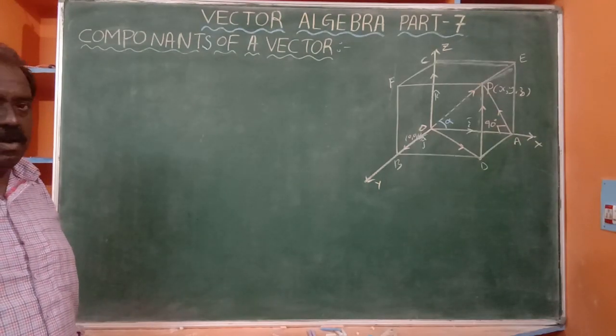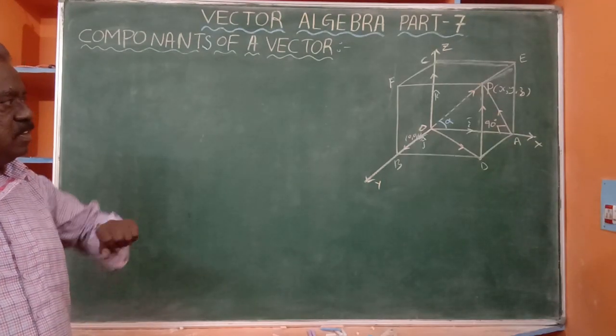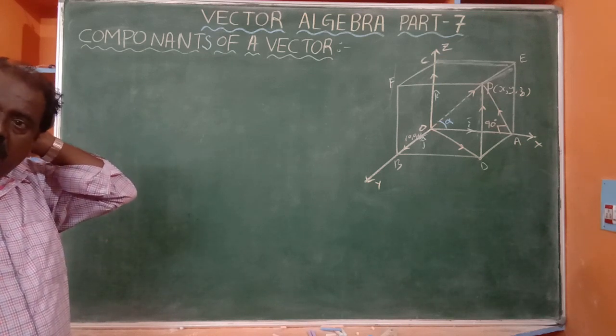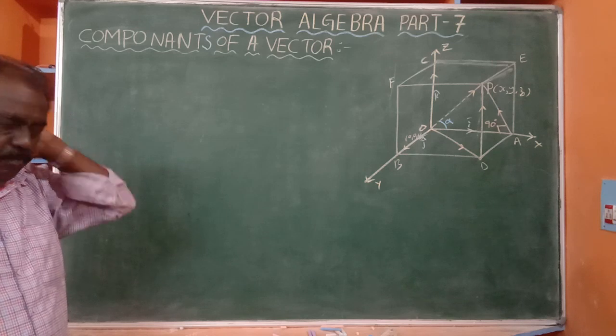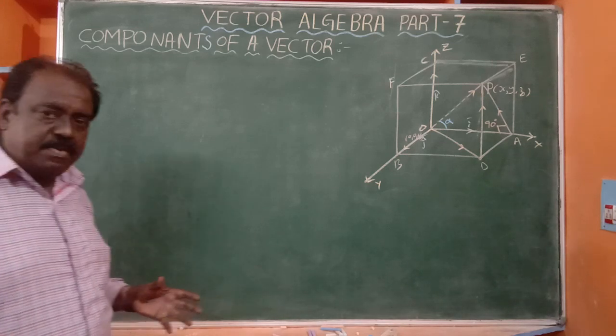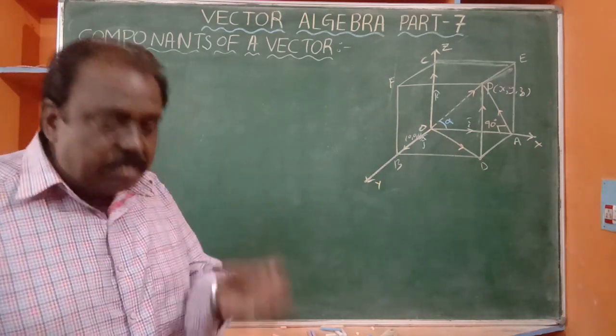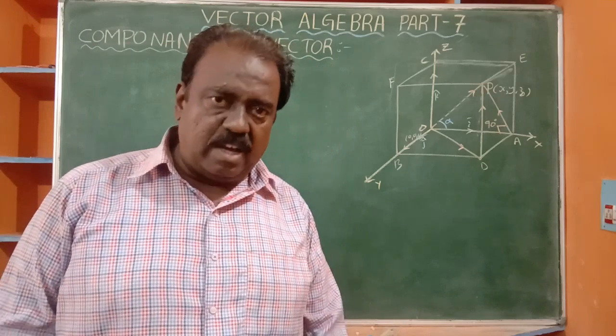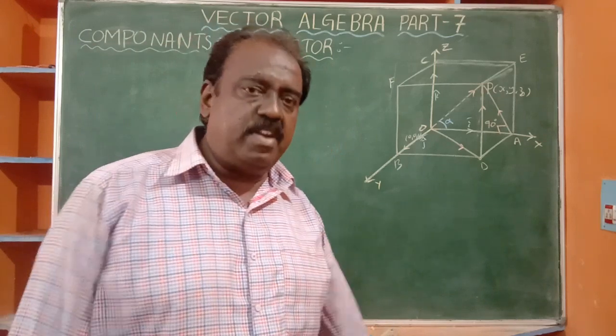Okay, component vectors. Already we discussed scalar components, vector components and its length, and DRs also. The DRs of a vector, direction ratios of a vector, means simply scalar components.